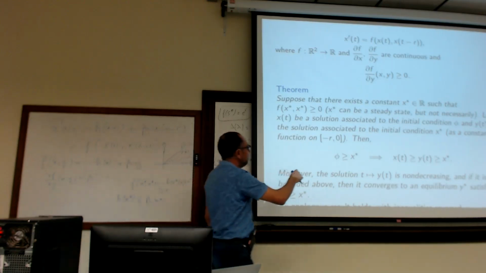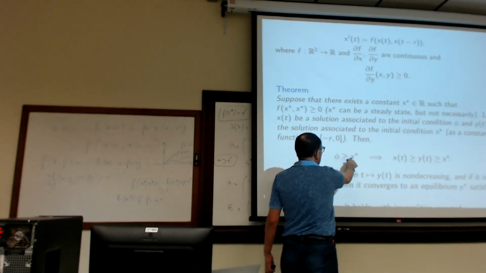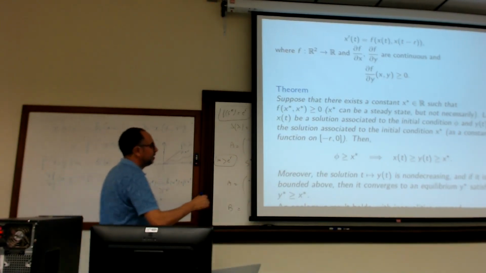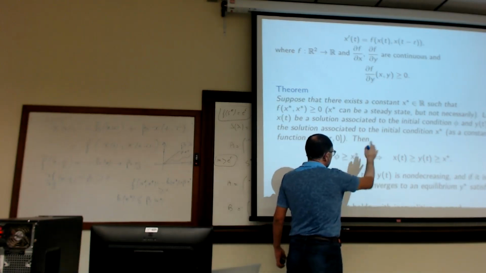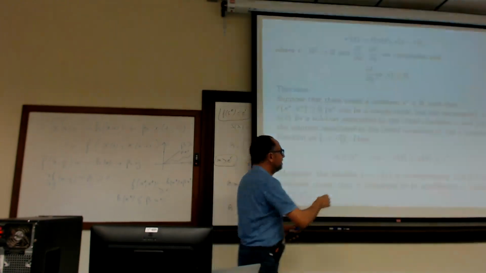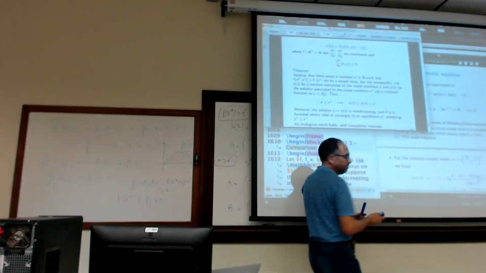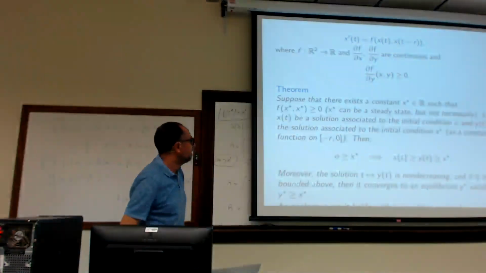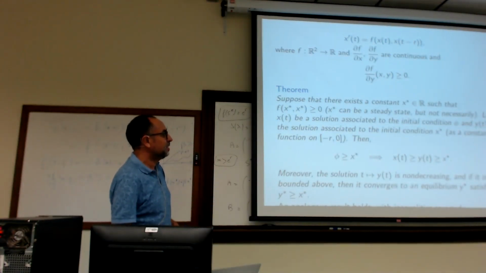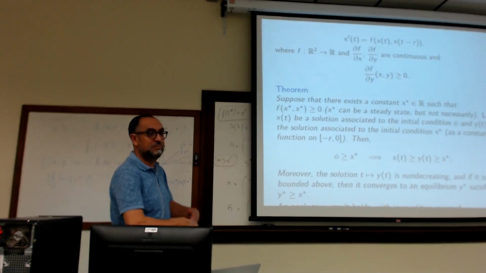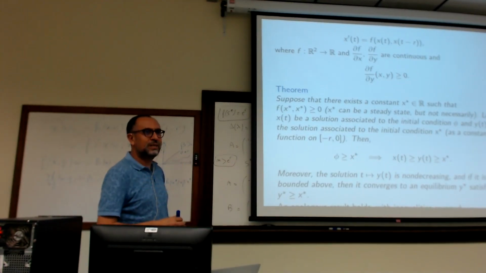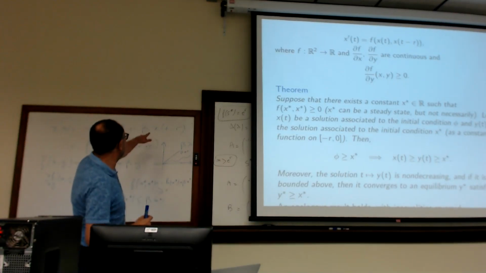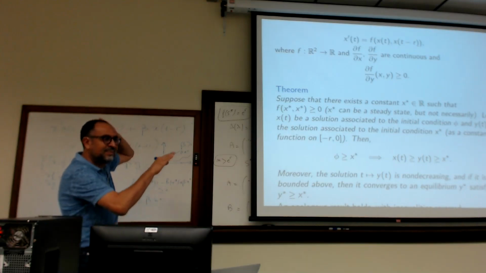That means if you have this condition, if the initial condition is bigger than any constants, then the solution will also be bigger. This is a very, very good result, because this is the first thing that we check. If you have a delay differential equation, first you check the delay.